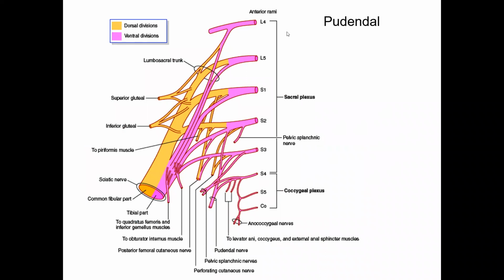The first branches are the pudendal nerve, the pelvic splanchnic nerves, and the perineal branch of S4, which supplies the pelvic diaphragm.